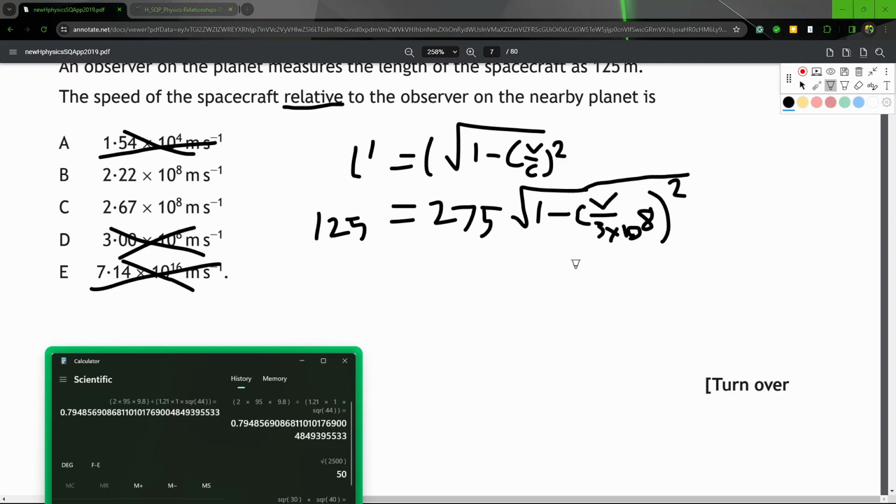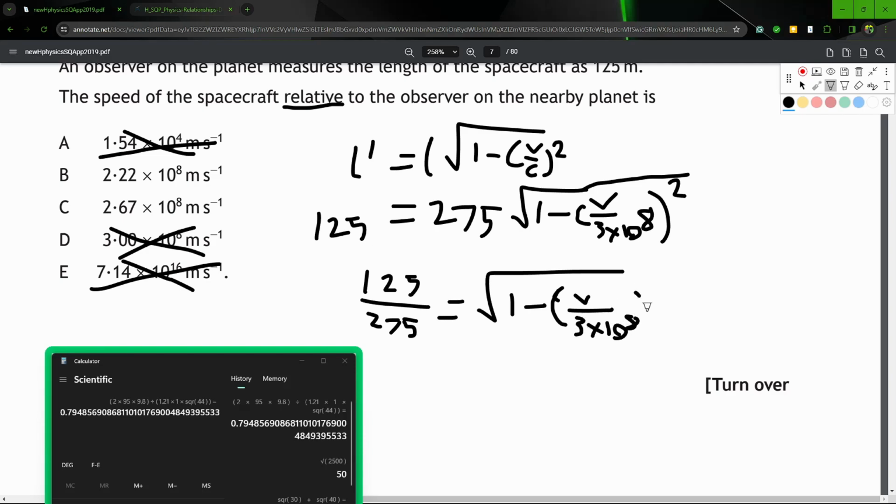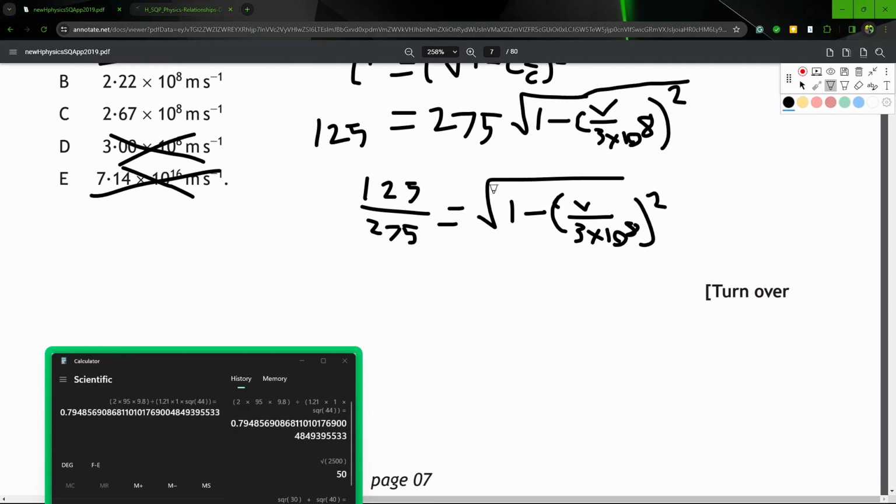Well, I'm going to divide both sides by 275, so we get a fraction equals our root term. And then I'm going to square both sides.